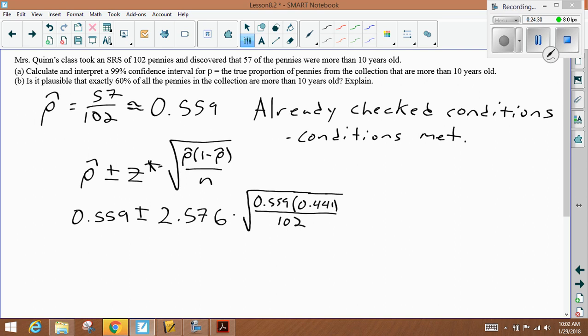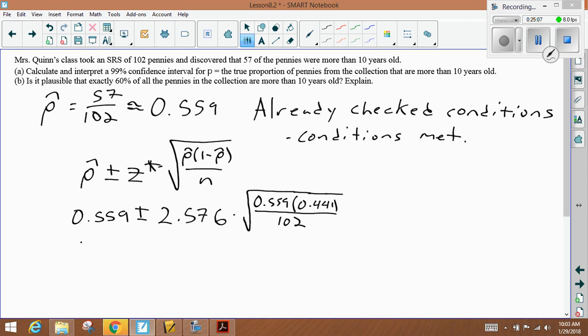I better put this in parentheses. 0.559 times 0.441 over 102.